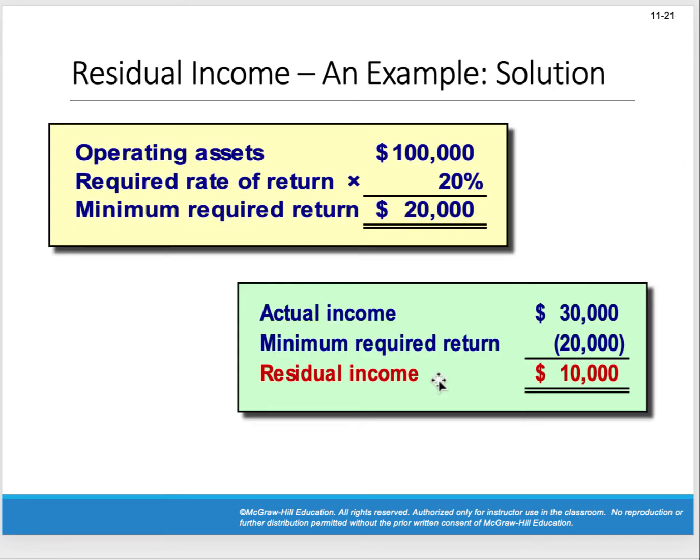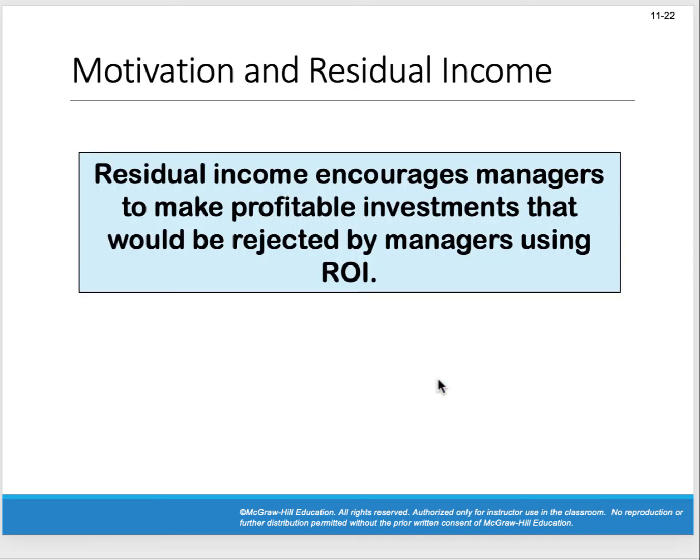They tell us that the operating assets, we have $100,000. The required return on those assets is 20%. That means our minimum return based on these assets is $20,000. So what's the residual income? Well, we take our actual income, 30 grand, minus our minimum required return. We get residual income of $10,000. Okay?